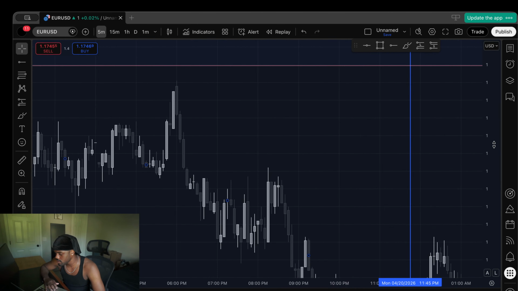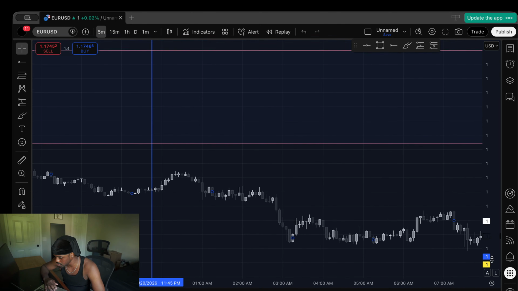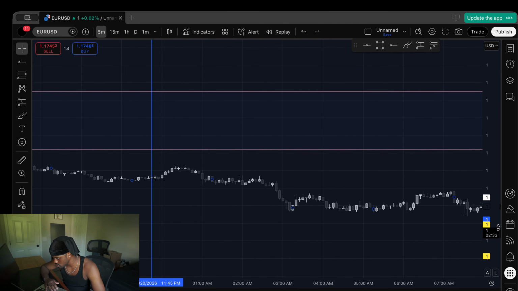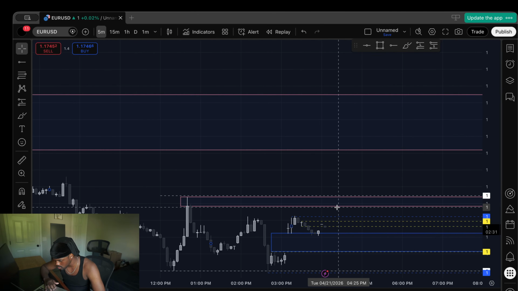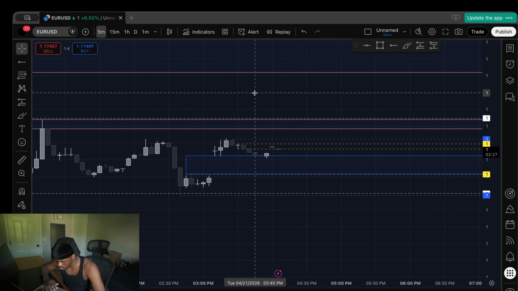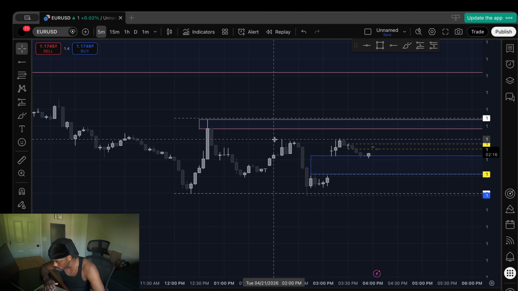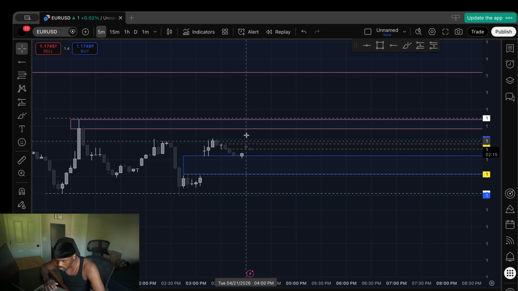I mean, to be fair, Euro USD is probably less stable, probably a lot smaller than gold. So I wouldn't be surprised if markets just always look like this. What the fuck is this? That's a pancake. That has no tail or head.